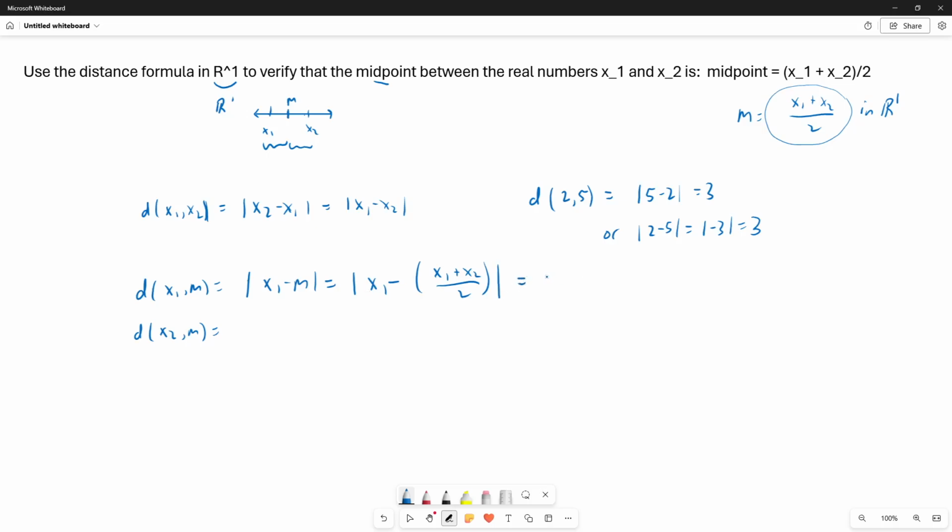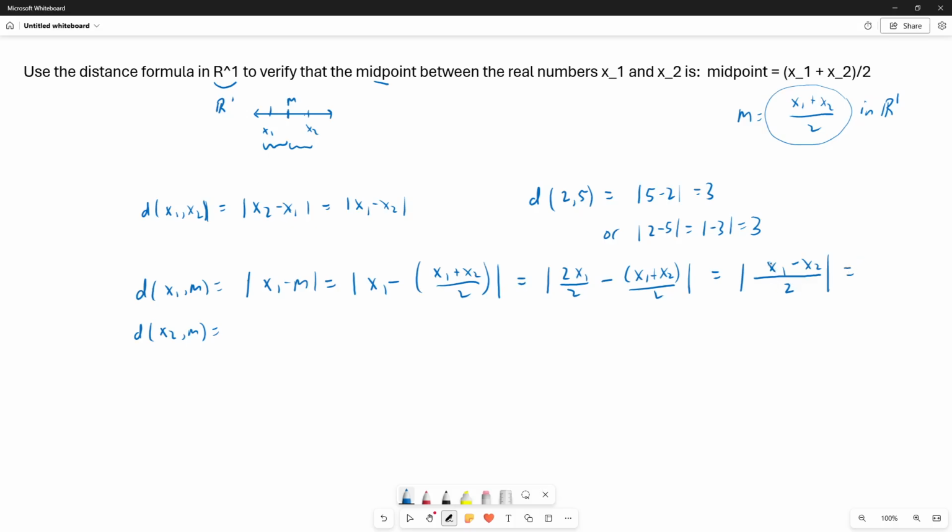Common denominator of 2, so 2x1 divided by 2 minus x1 plus x2 divided by 2. And now subtracting, we have 2x1 minus x1 makes x1, and we have minus x2.